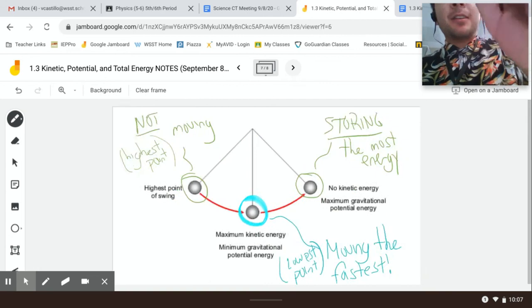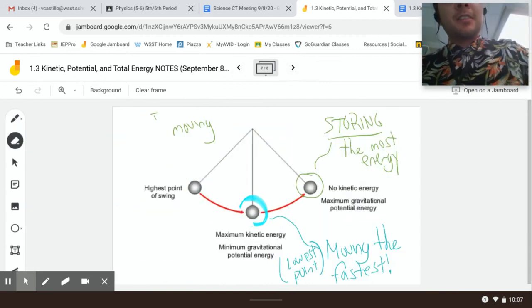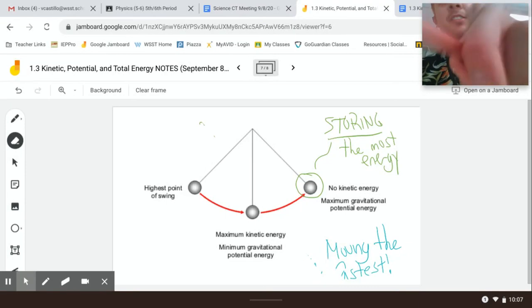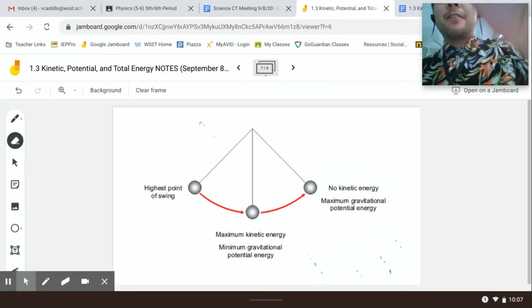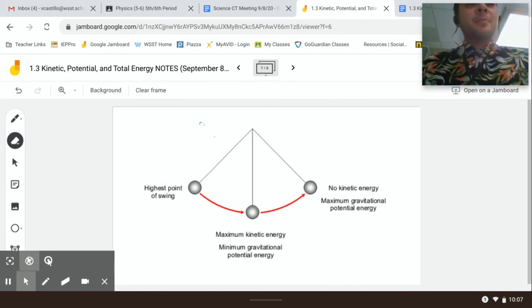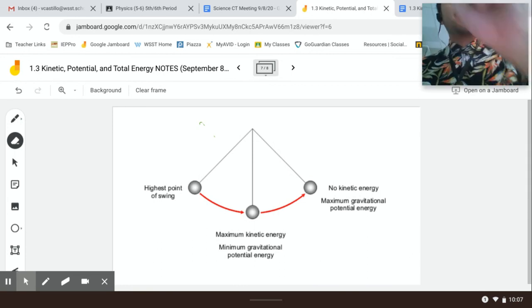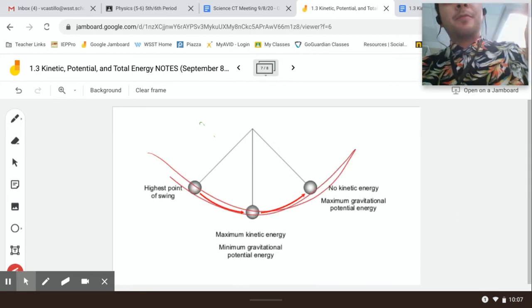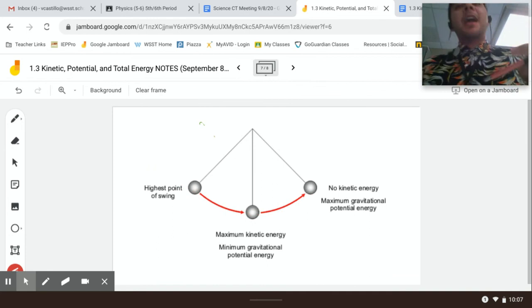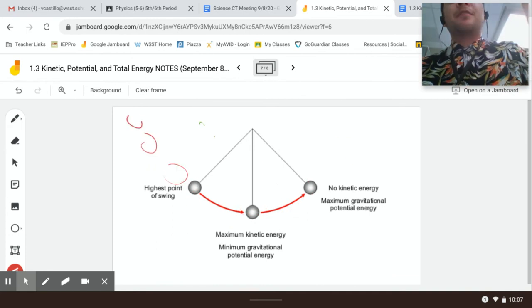Let's do this. I'm going to erase this real quick just so we can see the process. Let's say, for example, we have a swing, a nice little swing, back and forth. At different times, it is going to be in a different location.